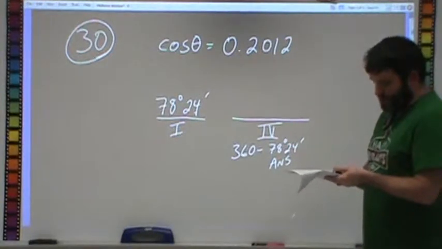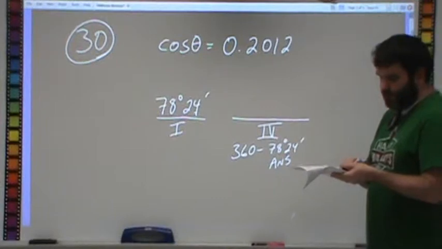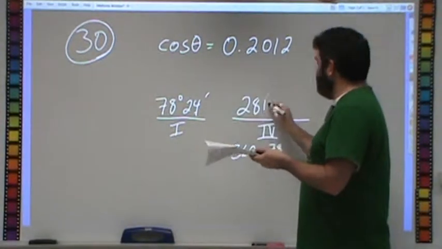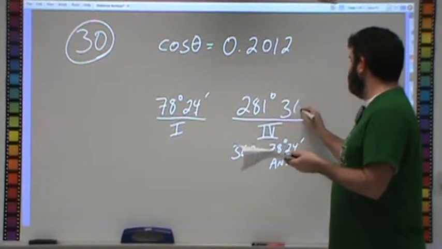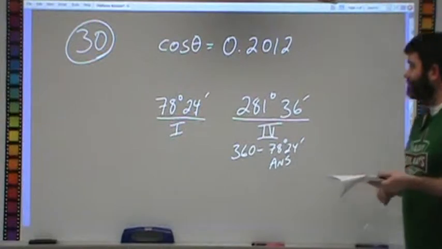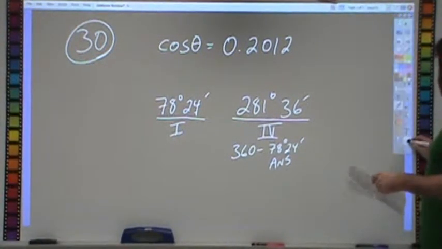So you can do 360 minus answer. It's going to give it to you as a decimal. Once again, go to your DMS. And it gives you 281 degrees and 36 minutes. The seconds there were 25, so it does not go up. So there's 30.